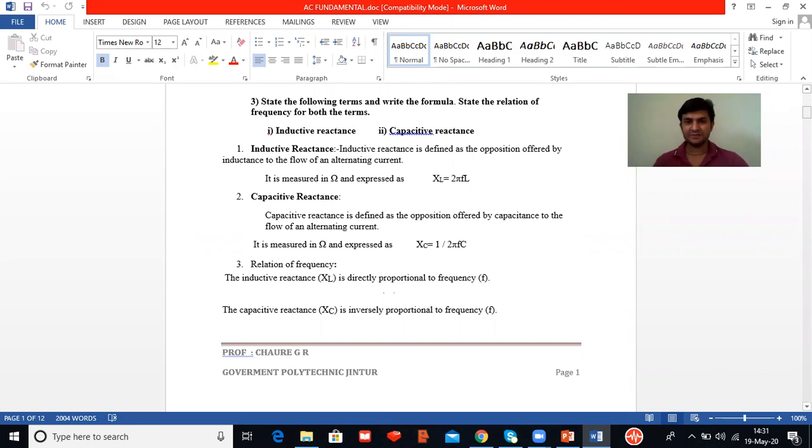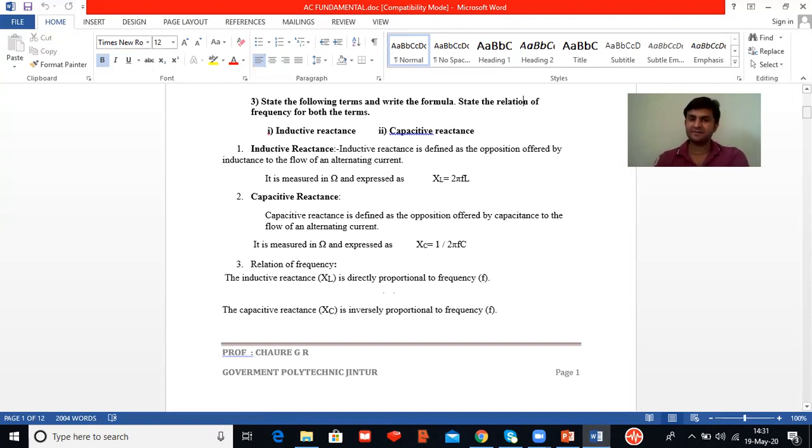We have to define inductive reactance and capacitive reactance, and write the relation with frequency for both. First, inductive reactance is defined as the opposition offered by inductance to the flow of alternating current. It is measured in ohms. XL is equal to 2 pi FL.